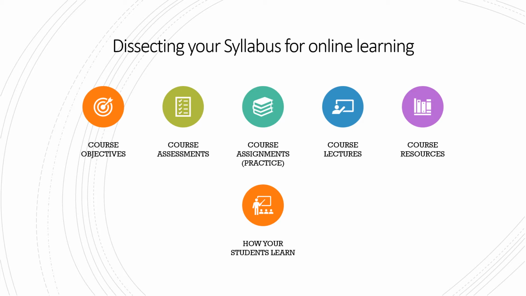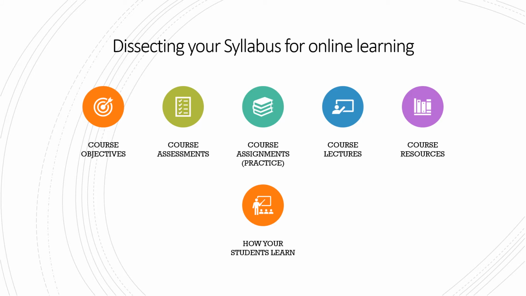After pulling out the course assessments, I pull out any of the course assignments, and these would be any of the formative assessments. So any of the practice, any of the different activities or assignments that you have that would help lead up to your course assessments.